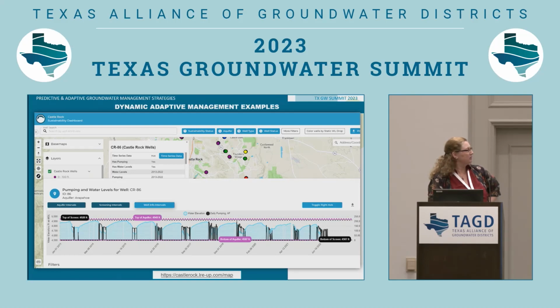If you've looked at graphs of water level versus pumping, this is a what's-wrong-with-this-picture question for a really specific group of expertise, right? Something's very wrong with this picture. The up and down part on the graph is water levels, and the black spiky things are when they're pumping the wells.